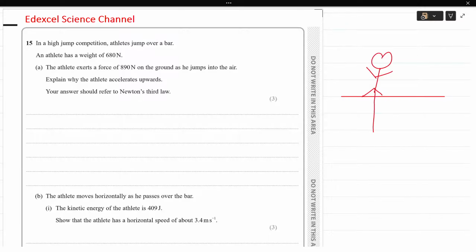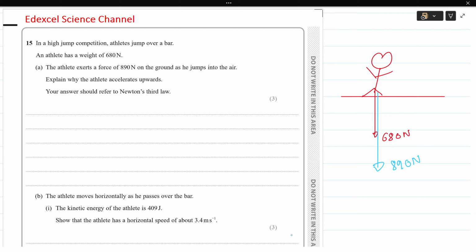He has a weight of 680 newtons. Now, let's say he wants to jump. When he is jumping, he is exerting a total force of 890 newtons.